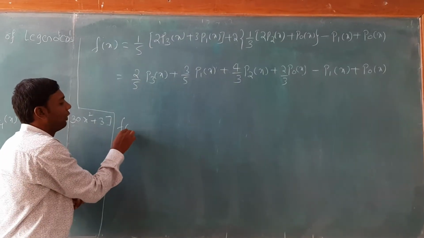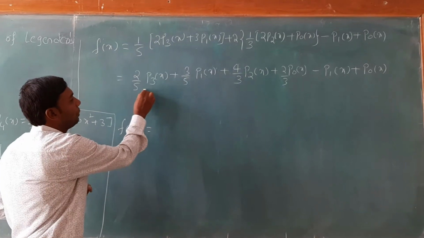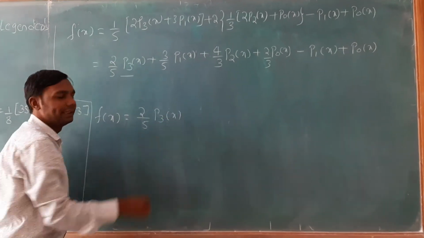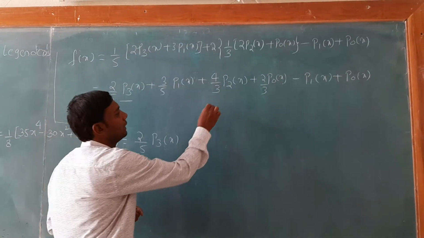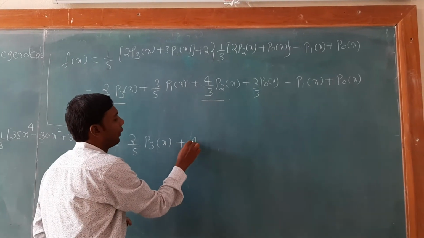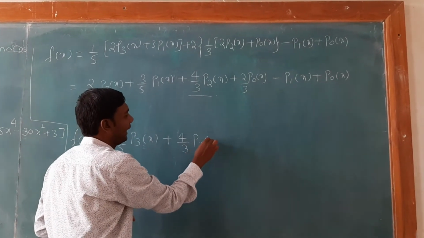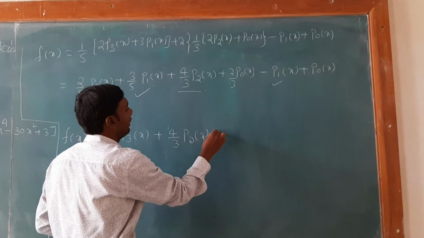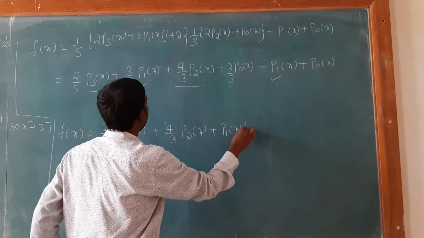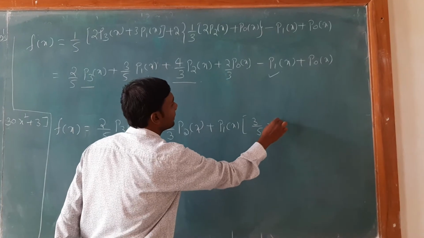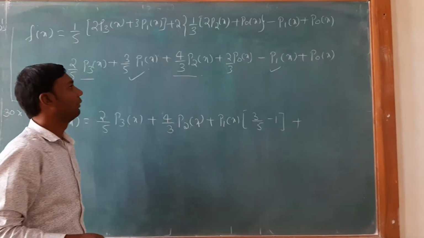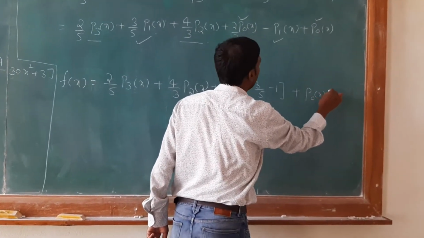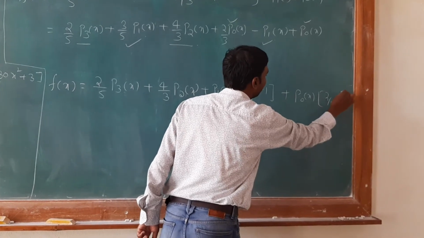So f of x is equal to, first club the P3 term. P3 is only one term, so 2 by 5 into P3 of x. Next we have P2, which is only one term, plus 4 by 3 into P2 of x. Next P1, which appears in two terms, so take P1 of x common. The remaining is 3 by 5 minus 1. Then P0 of x again has two terms, so take P0 of x common, and simplify 2 by 3 plus 1.